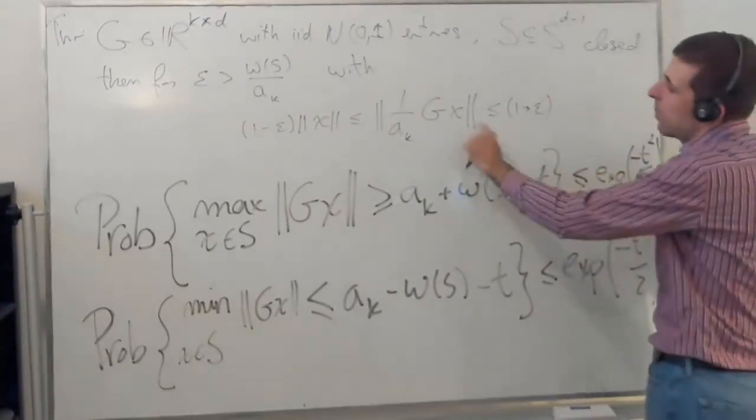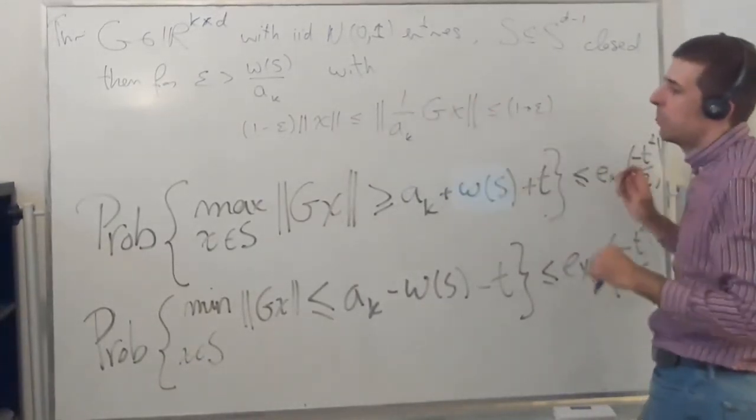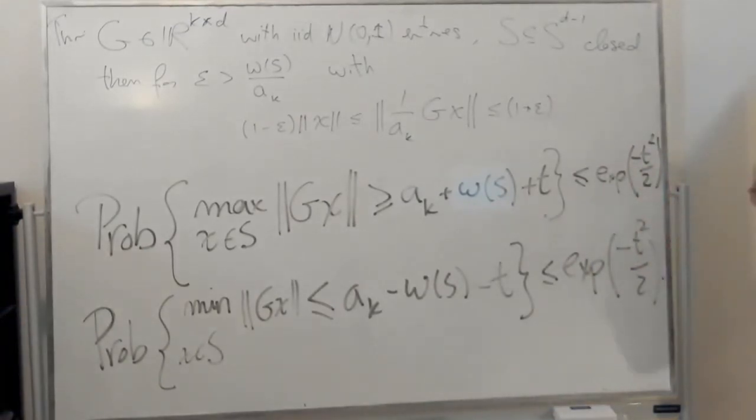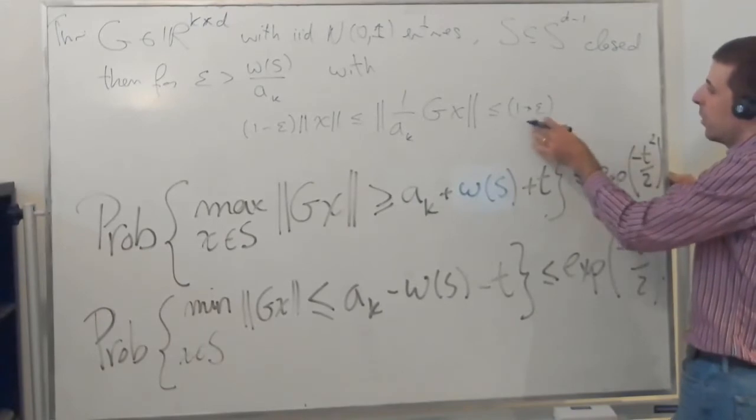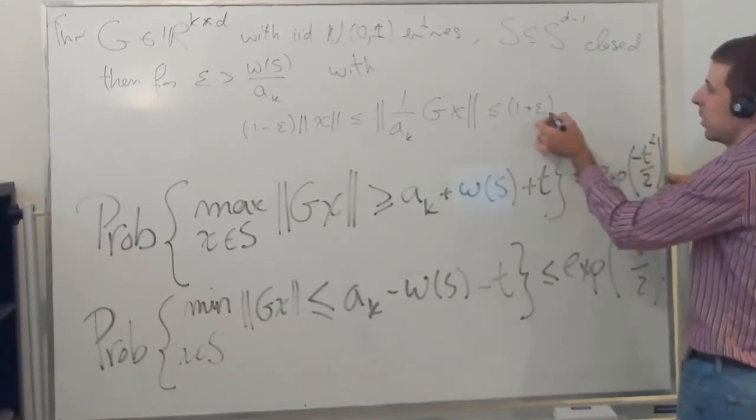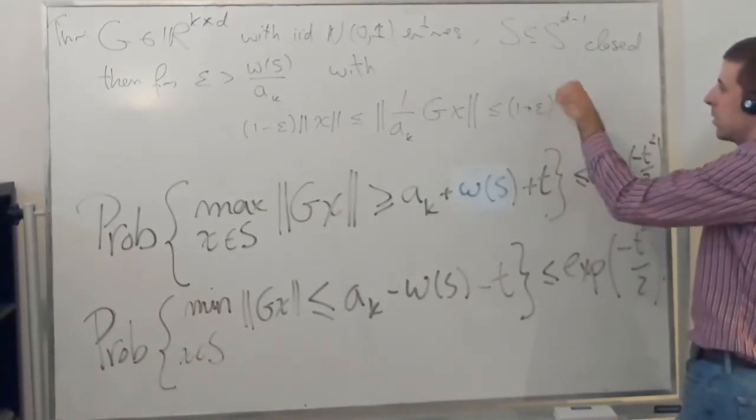And if you wanted something about the norm squared, we just have to transform epsilon into roughly 2 epsilon plus epsilon squared, or 2 epsilon minus epsilon squared.